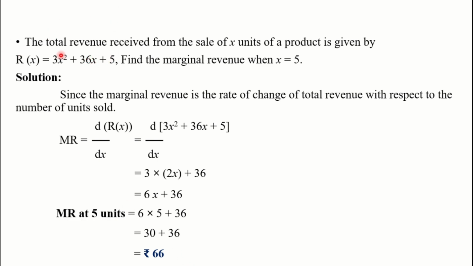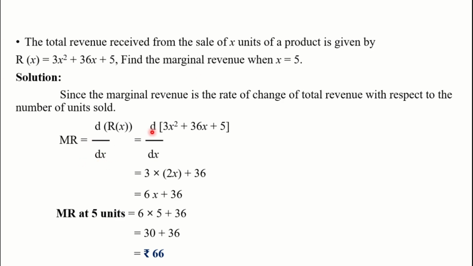Now, a revenue function example. The total revenue received from the sale of x units of a product is given by, as revenue is a function of output, R of x is equal to 3x square plus 36x plus 5. Find marginal revenue when x is equal to 5. Since marginal revenue is the rate of change of total revenue with respect to the number of units sold, we find the derivative of the revenue function with respect to output, or we can say x.